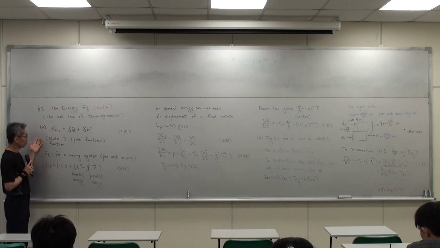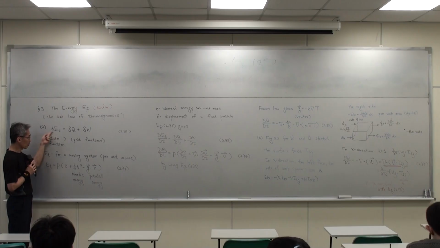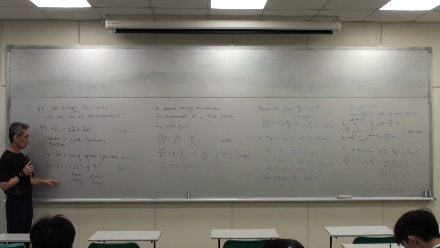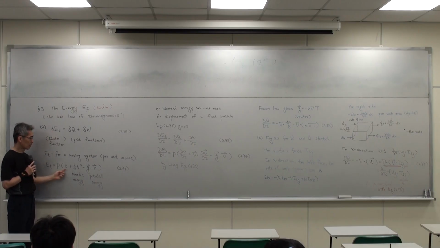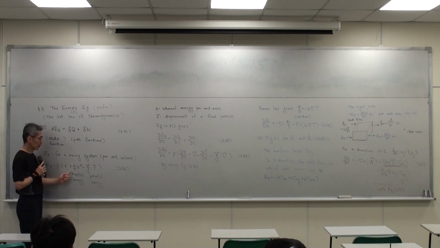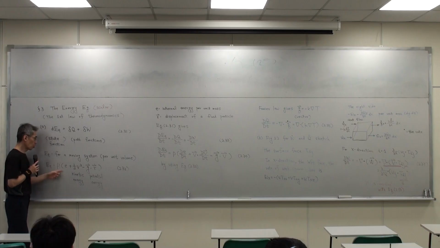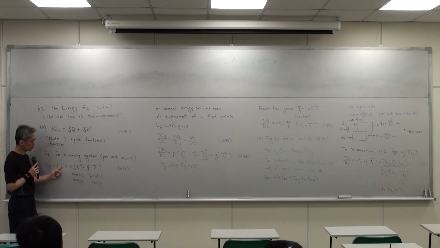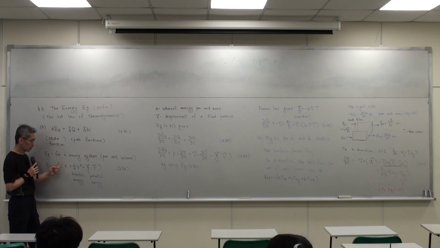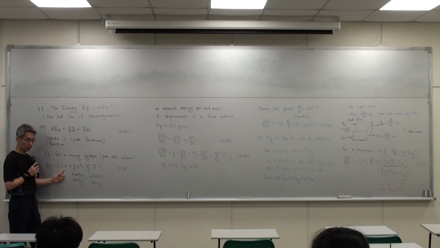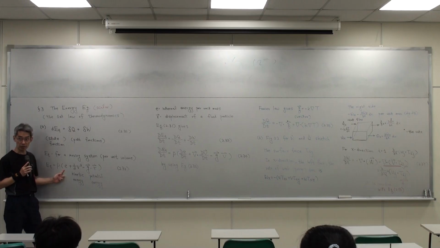For this kind of condition, the total energy we can consider as internal energy, kinetic energy, and potential energy. The internal energy is related to temperature difference and pressure difference.